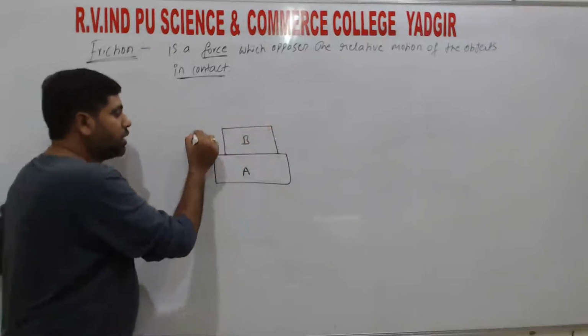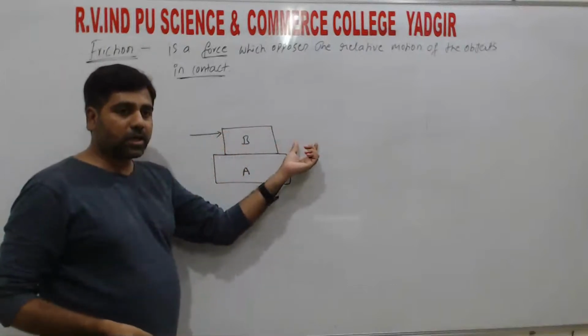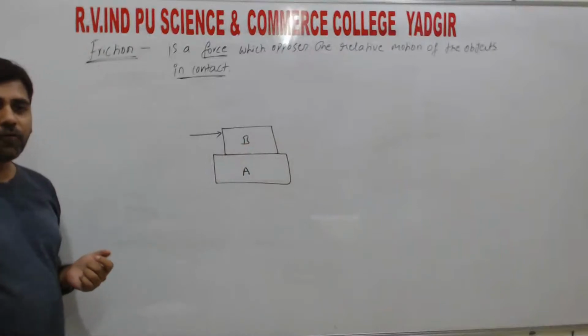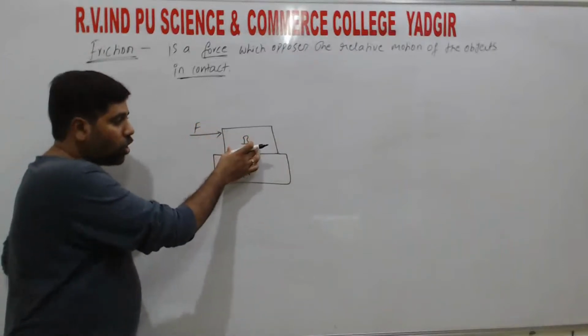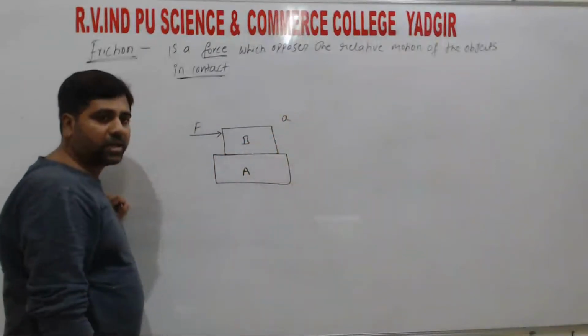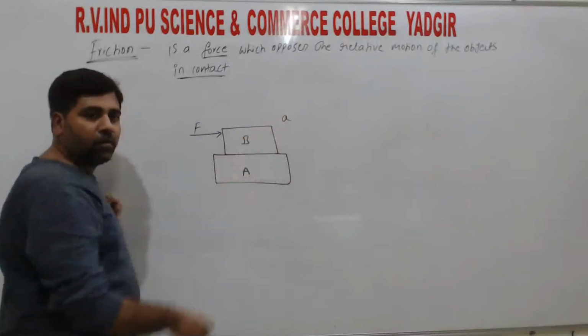We know that if we apply a force to an object, the object starts to move. That means it gains some acceleration, from Newton's second law of motion, right? So it has acceleration, meaning the object is moving with some velocity.